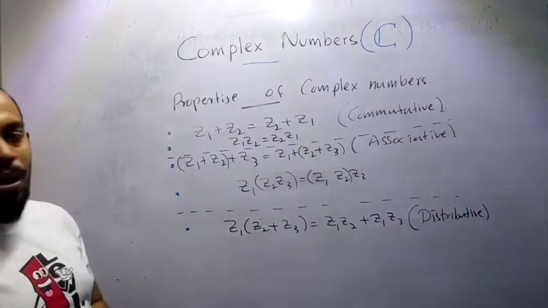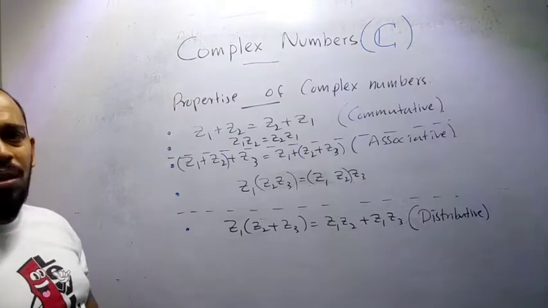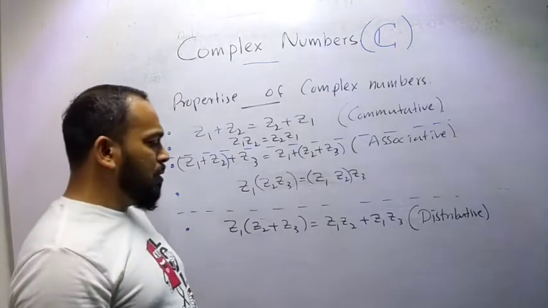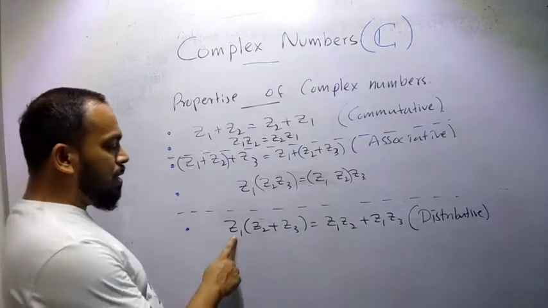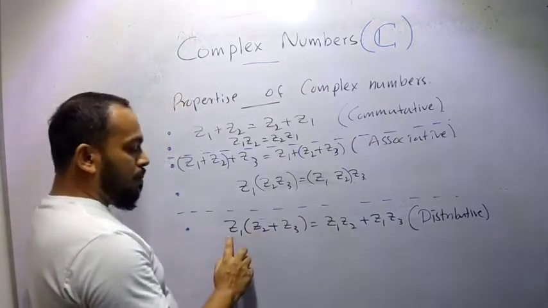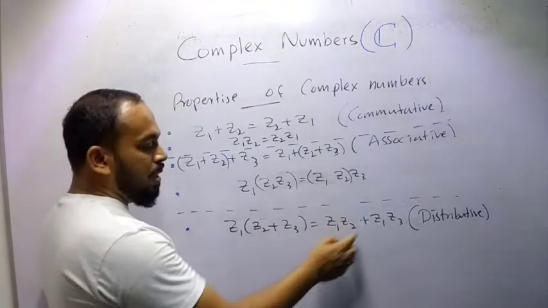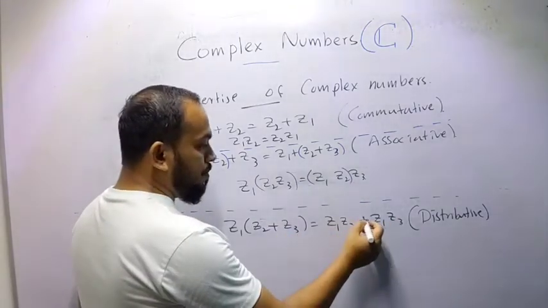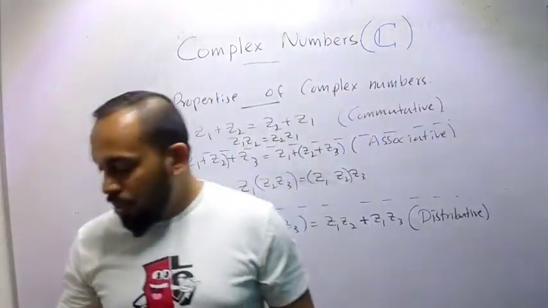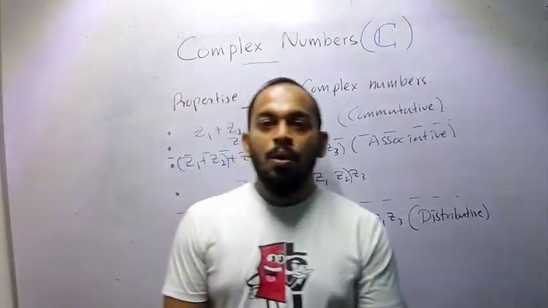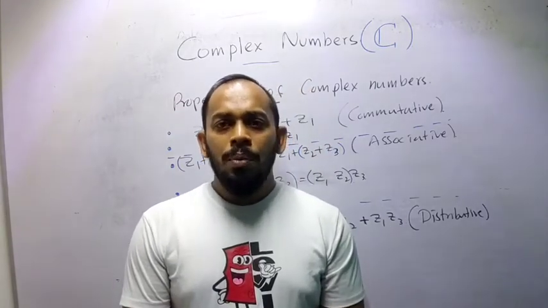That is called the associative property. Simple things, right? You don't even need to learn these. What about distributive? Same thing: z1 into z2 plus z3 is z1 into z2 plus z1 into z3. If you have minus, it should be minus. That's the distributive property. So we looked into some of the basic operations we can do with complex numbers, and we'll do some examples now.